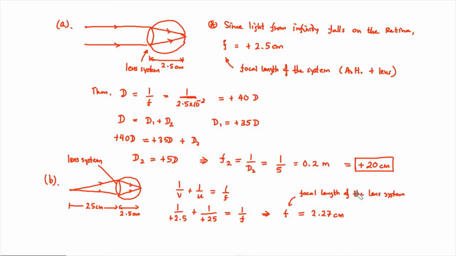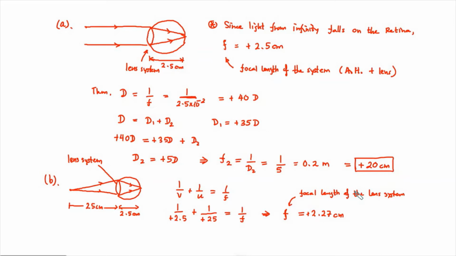Now remember, in part A, the focal length of the system was plus 2.5 centimeters. But now in this case, the focal length of the system is plus 2.27 centimeters. The reason for that is, look at the object distance. In part A, the object was at infinity.